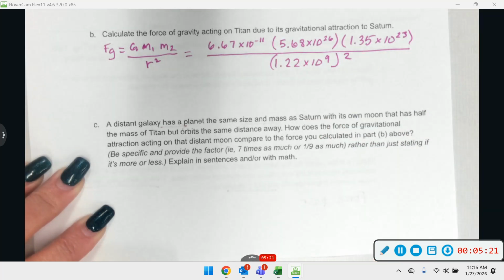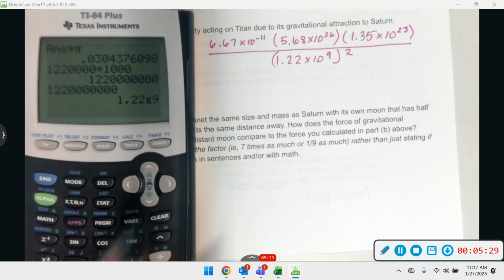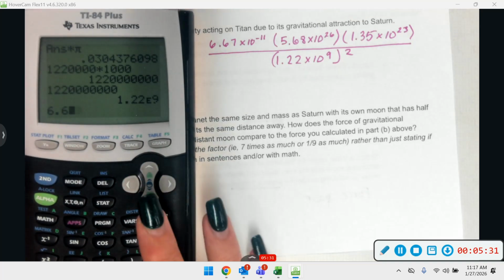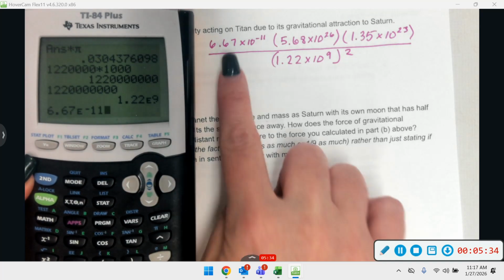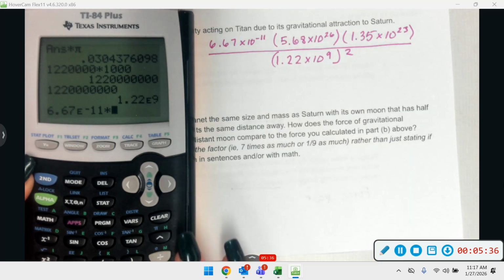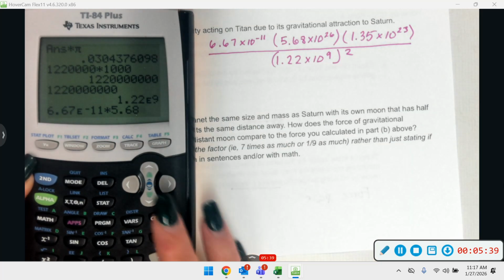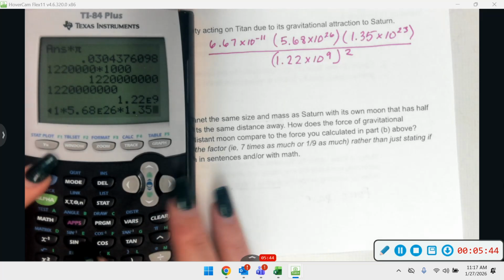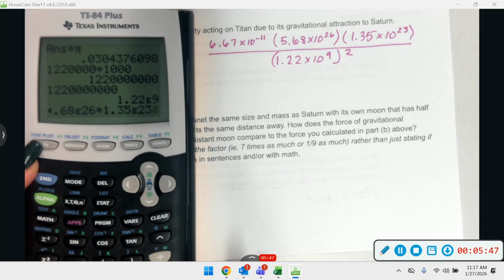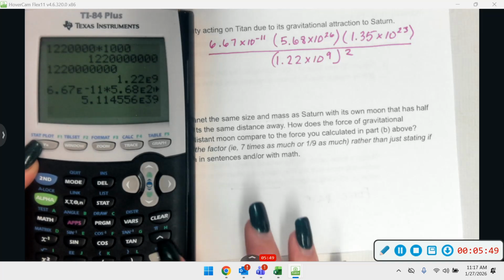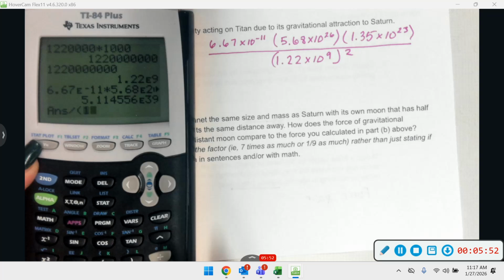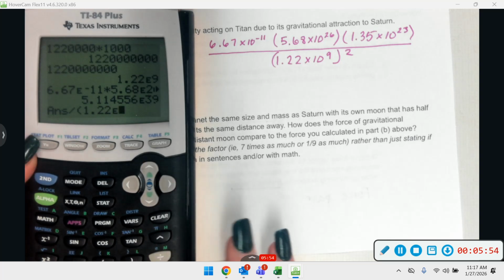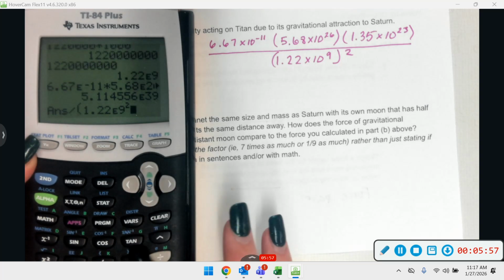All right, so from here, we're going to go ahead and put this whole thing in. All right, so we have 6.67 e negative 11 times 5.68 e 26 times 1.35 e 23, and then all of that divided by 1.22 e 9 squared.